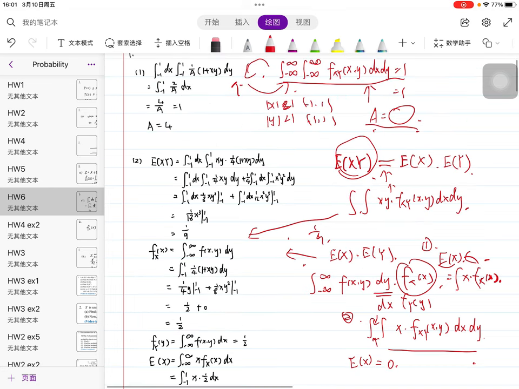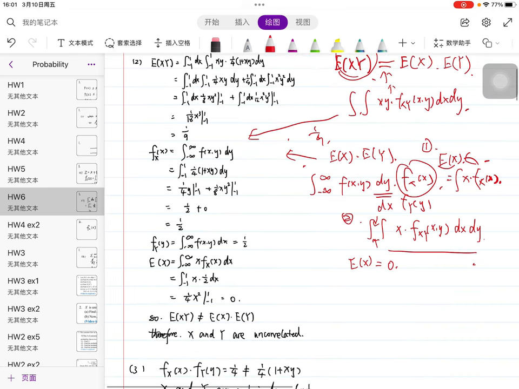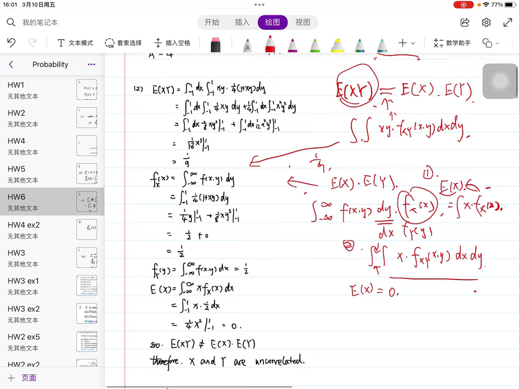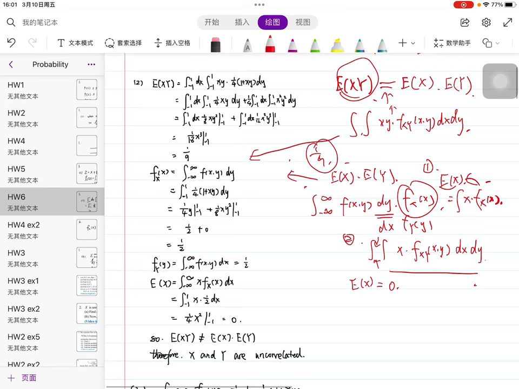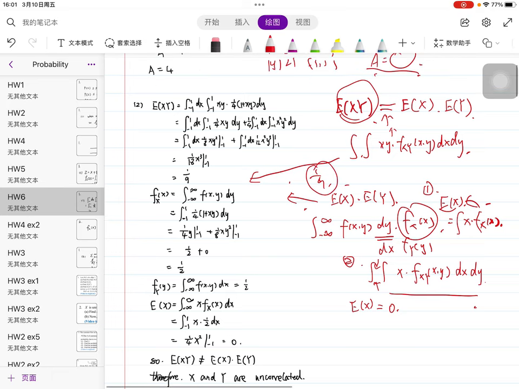But previously we got the expected value of x times y equals 1/9. So this can't be right. We could not write an equal sign here, since this is 0 and this is 1/9, so they could never be equivalent.